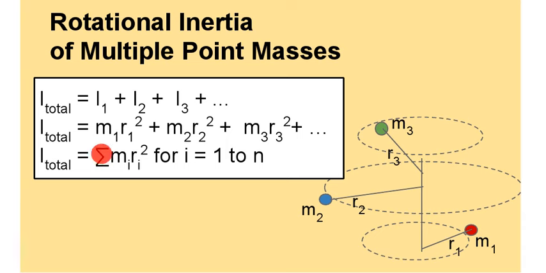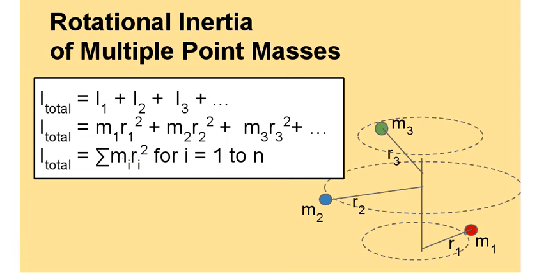This is the Greek letter sigma. It stands for summation. When we want to add things up like we're doing right here, we can write this sign and say take the m sub i, and we're going to let i go from 1 to n. So the first time out, i is equal to 1, and we'd have m1 r1 squared.